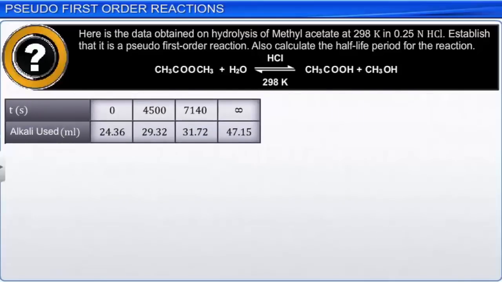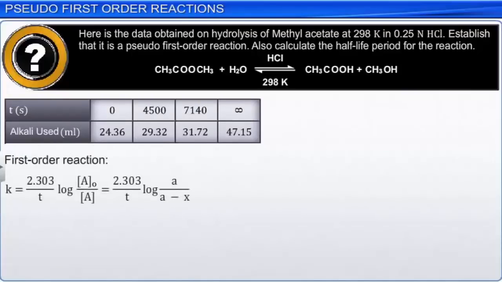In the first step, write the integrated rate equation for the first order reaction as shown here. Next, calculate the initial concentration and the concentration of the ester, that is, methyl acetate, at the given intervals of time by using the given data.